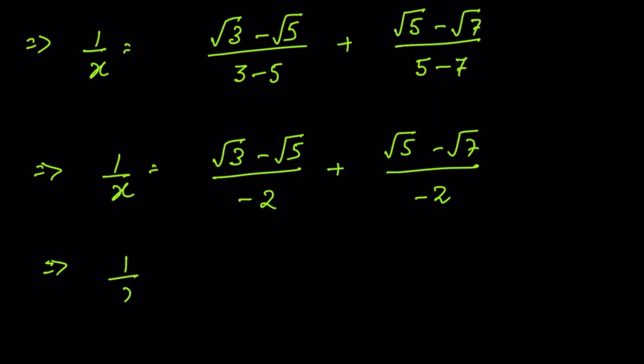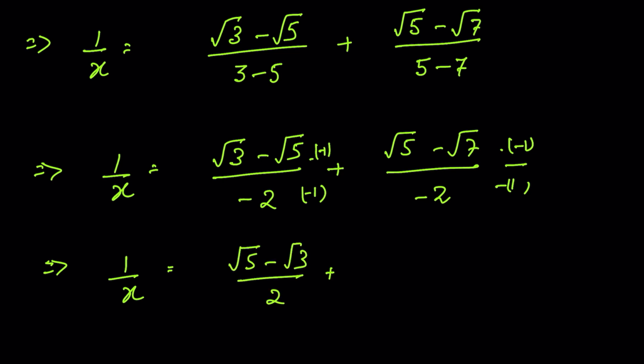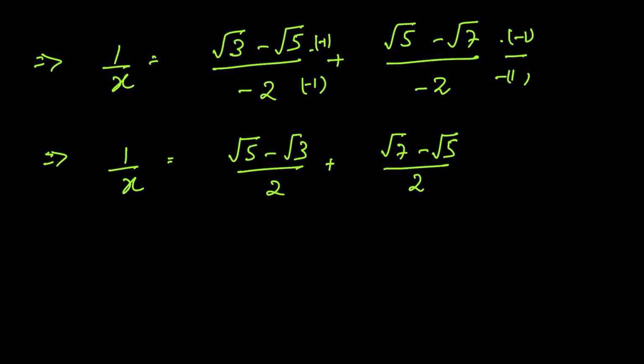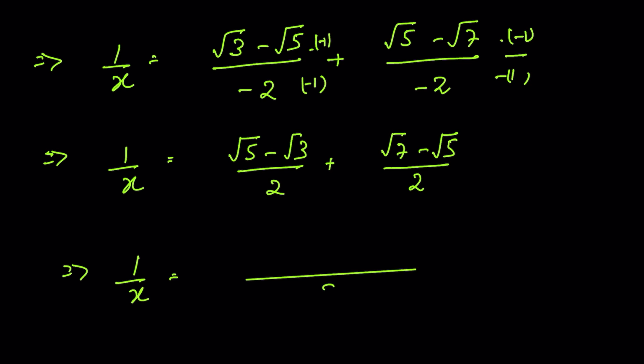Or 1 upon x equals, we multiply and divide by minus 1 to both the fractions. So this is square root of 5 minus square root of 3 upon 2 plus square root of 7 minus square root of 5 upon 2.